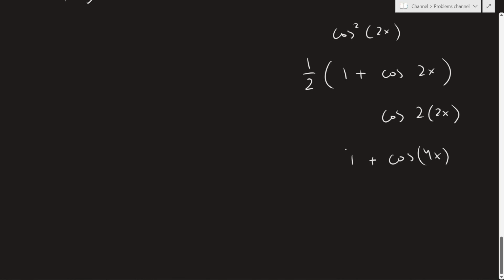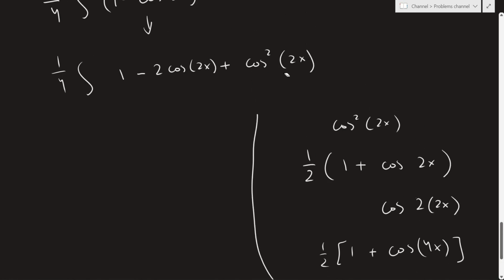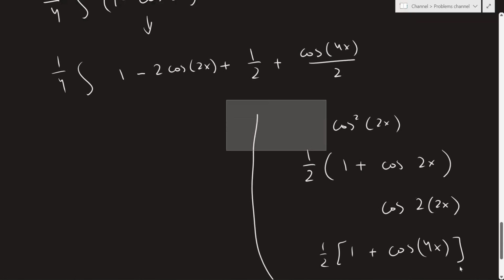Okay, now distribute the half on 1 plus cosine 4x. It's going to be half plus cosine 4x over 2. Great. Now replace this with cosine squared here. So cosine squared will be half plus cosine 4x over 2. Great. Let me delete this.